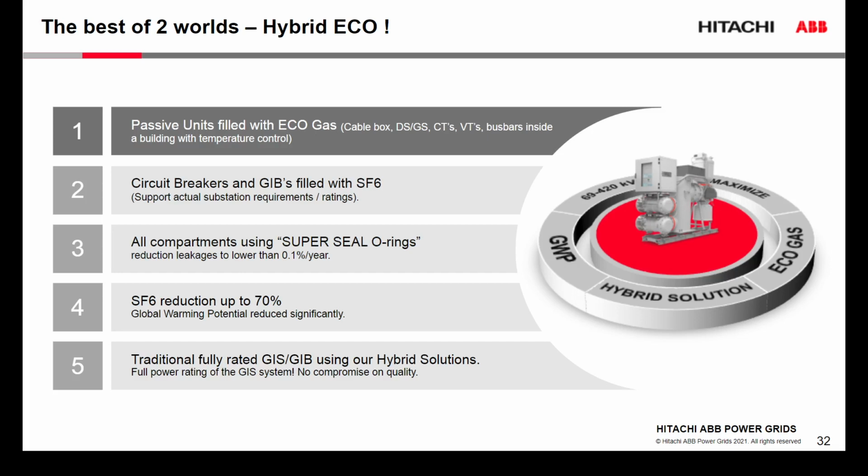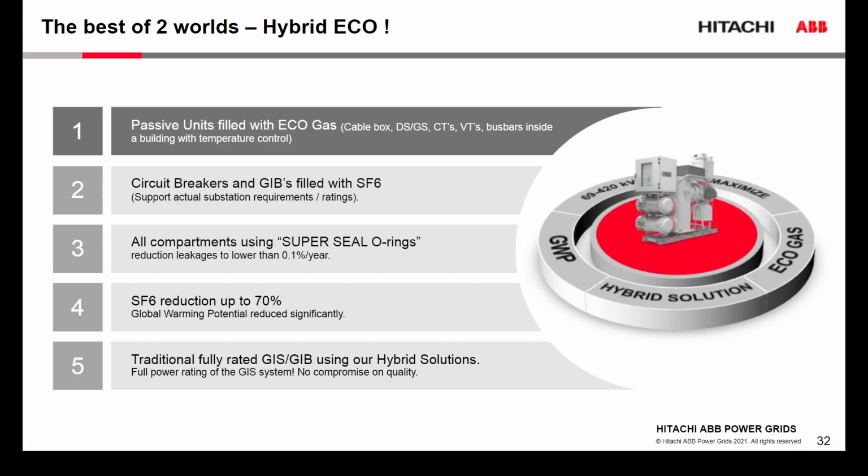Another aspect during the development of the technology is that the sealing design of the GIS itself is changed, under the name Super Seal. It is an idea to reduce the leak rate of the technology, and that is not just for the eco-gas, but the same is of course true for SF6 as well.